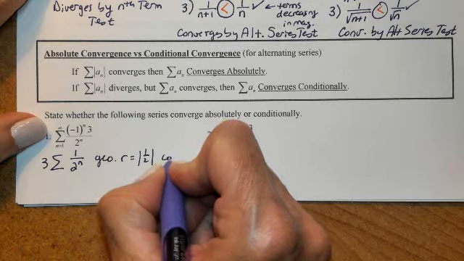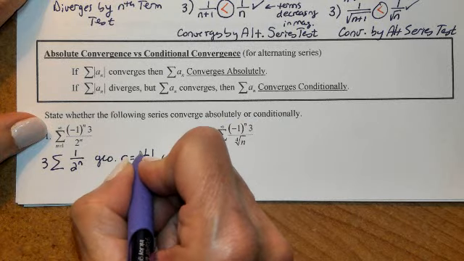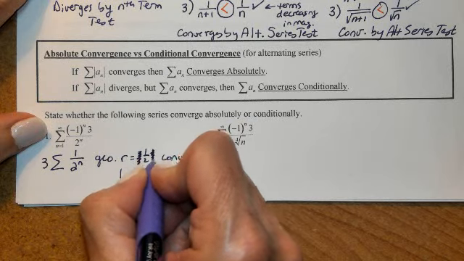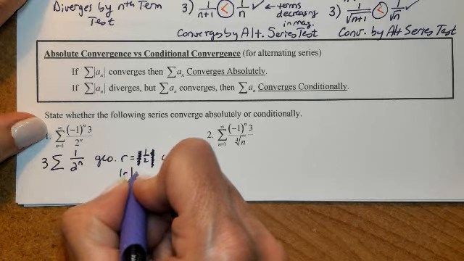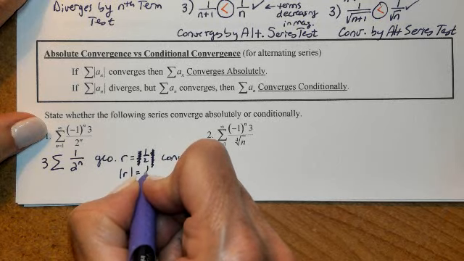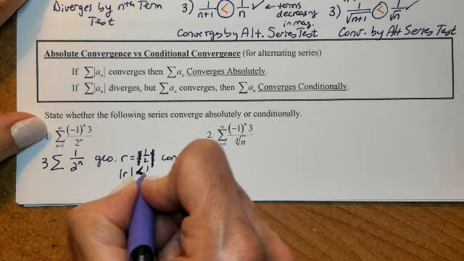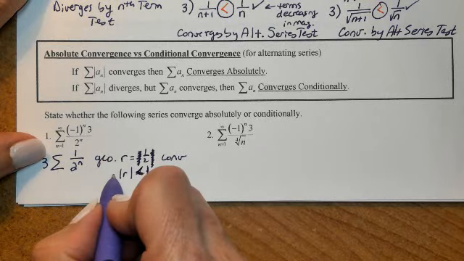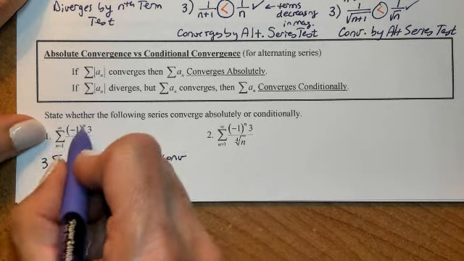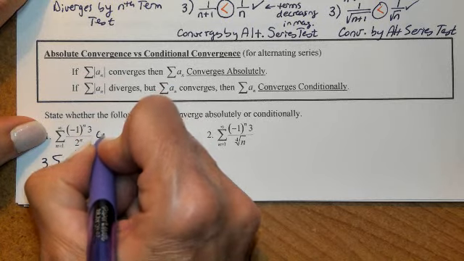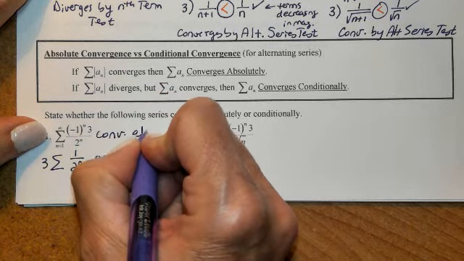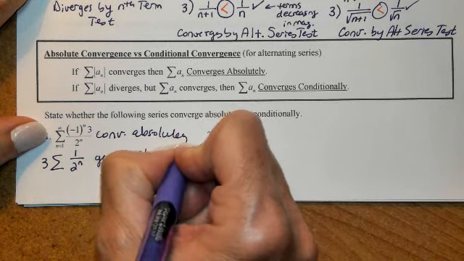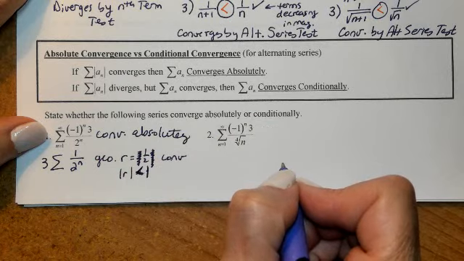So this converges because the absolute value of r is less than 1, right? So this non-alternating converges. So this alternating converges absolutely. I don't need to do anything else. Okay?